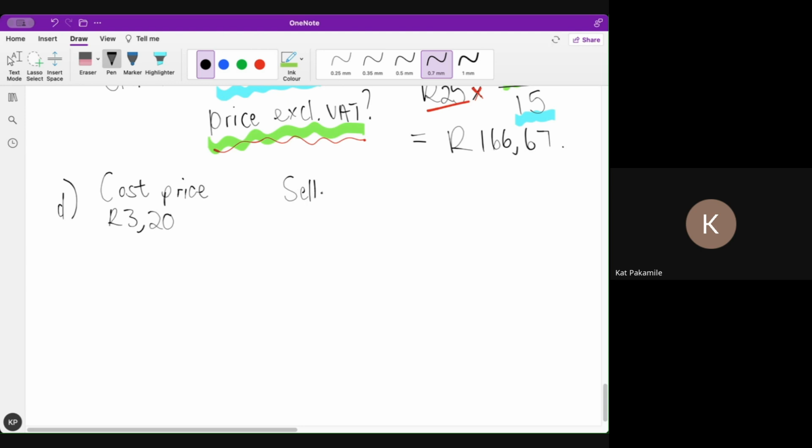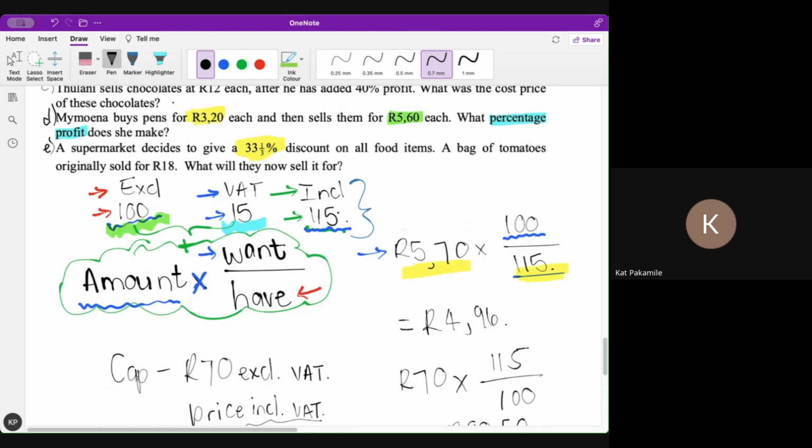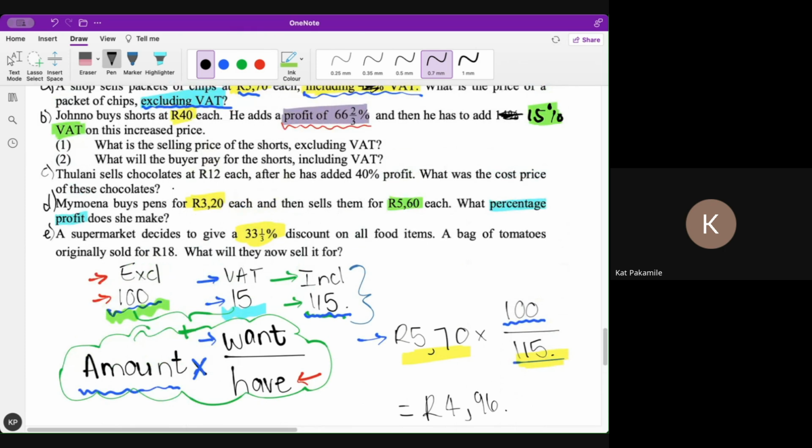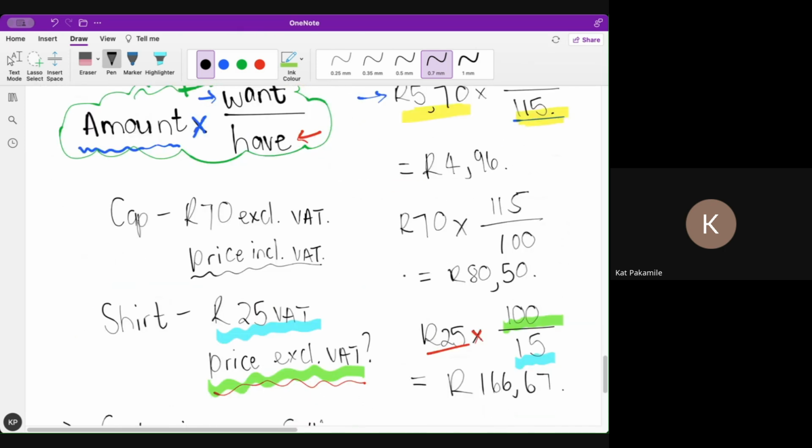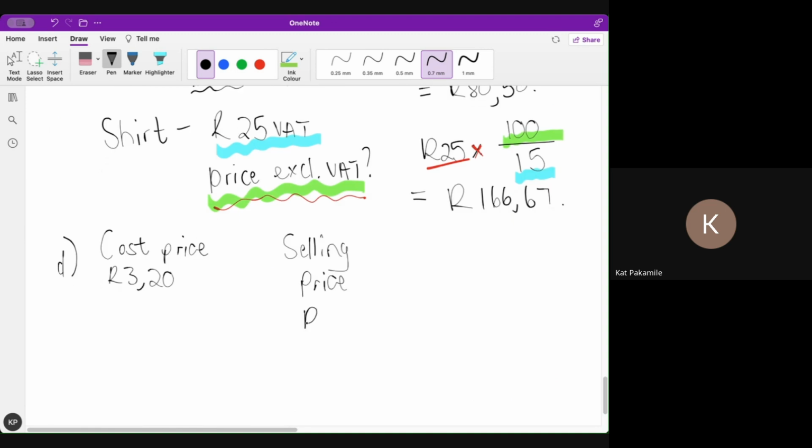And what is my selling price? My selling price is 5 rand 60. And they want the percentage profit.